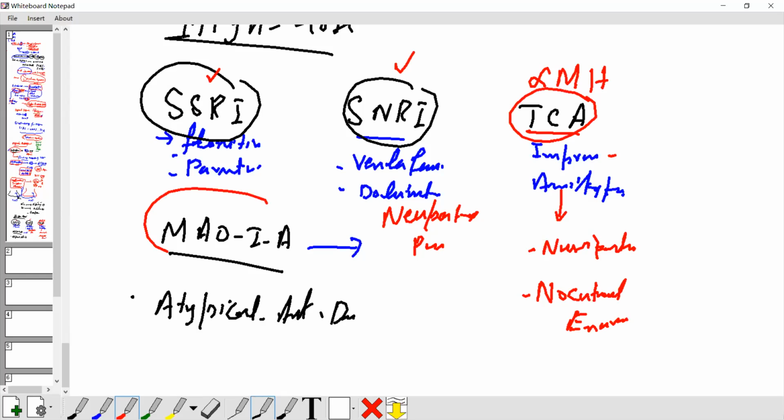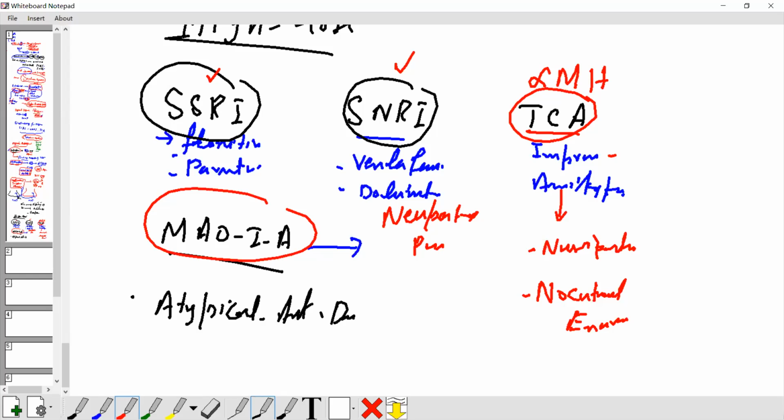Another option, monoamine oxidase inhibitors: tranylcypromine, phenelzine, and isocarboxazid. We can use these drugs for depression also, but take care about fermented food to avoid hypertensive crisis. Do not combine these drugs with SSRI, SNRI, and TCA because it can lead to dangerous serotonin syndrome.